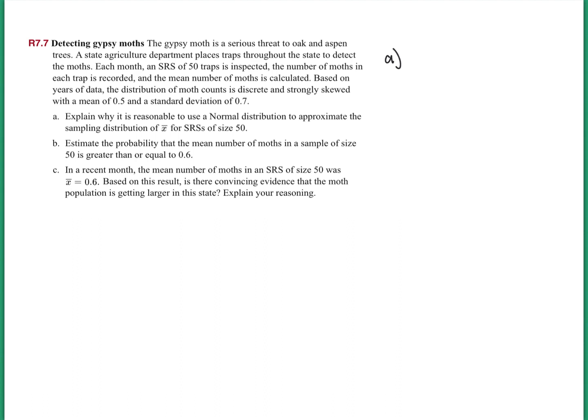Explain why it's reasonable to use a normal distribution to approximate the sampling distribution of x bar for simple random samples of size 50.